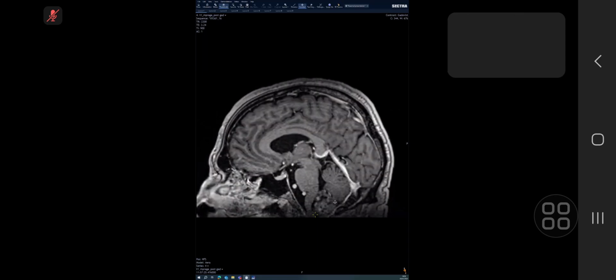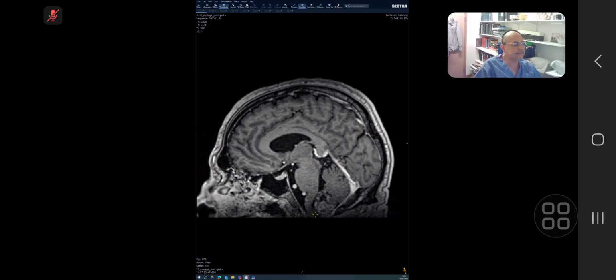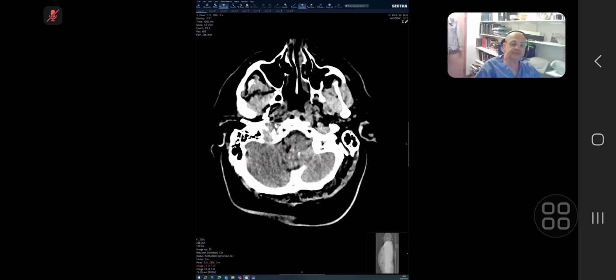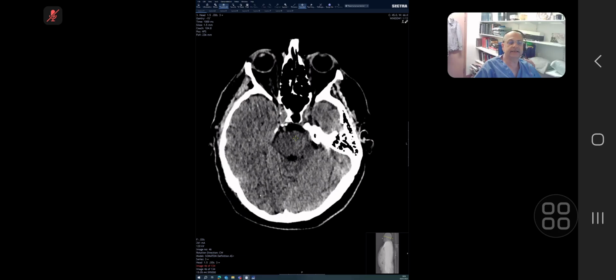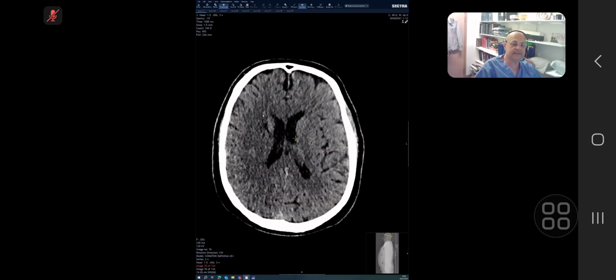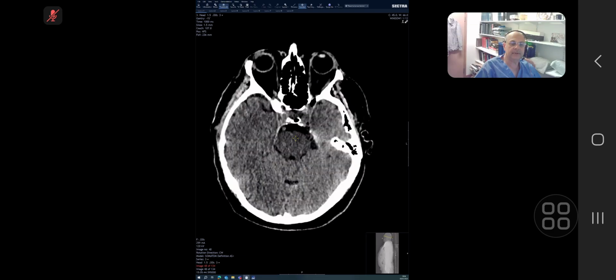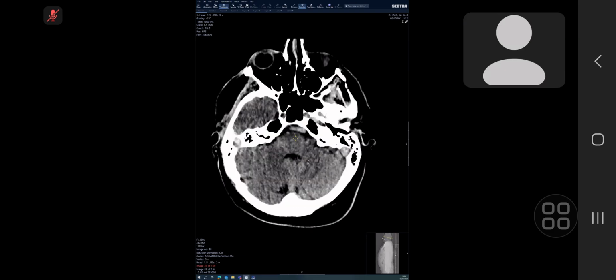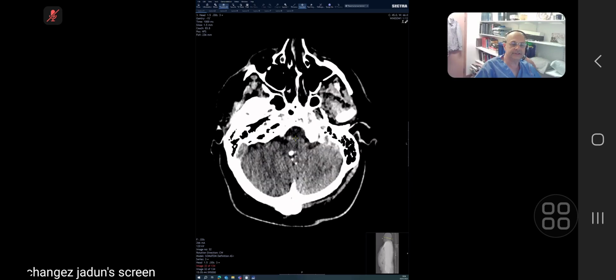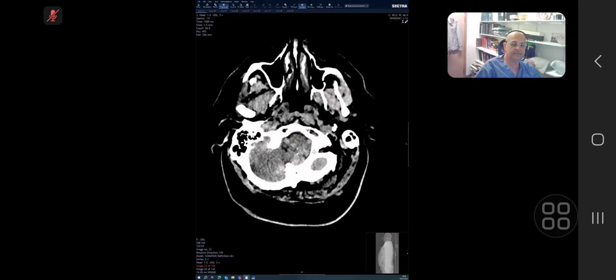Okay, so let me sum up this study for the audience who were looking at it. This was a case that was presented to the hospital as a road traffic accident. The CT scan shows a few ischemic changes in the brain parenchyma, but do keep in mind when we go towards the foramen magnum, we can see the fourth ventricle, but we do not see the CSF at foramen magnum.